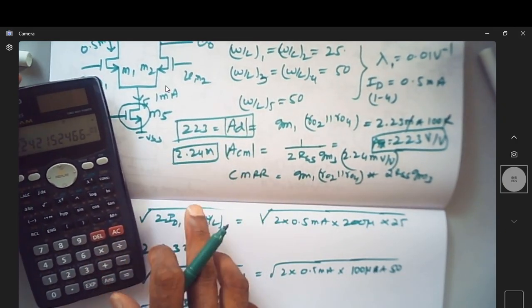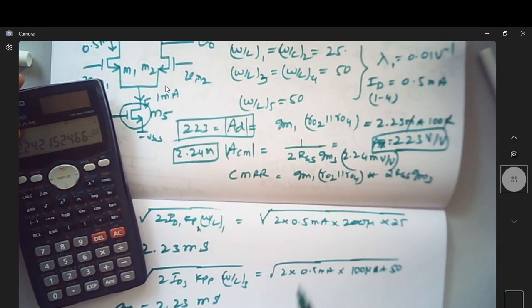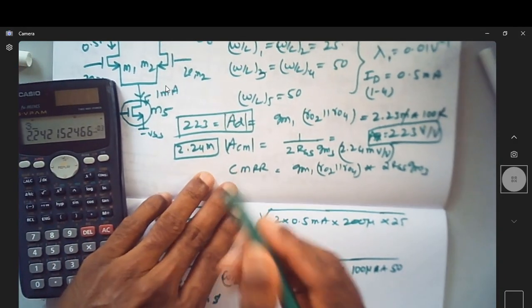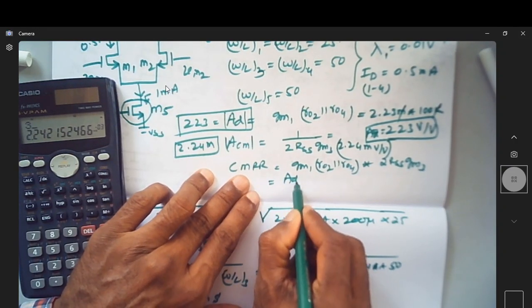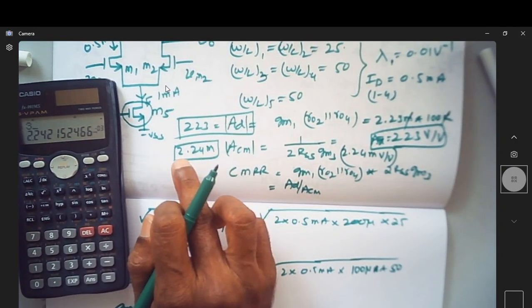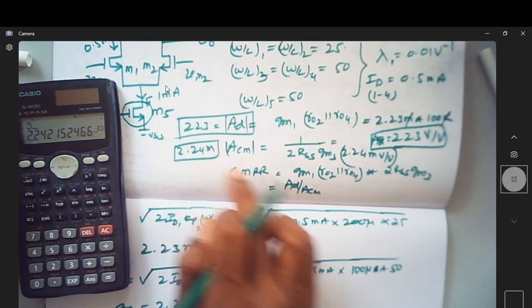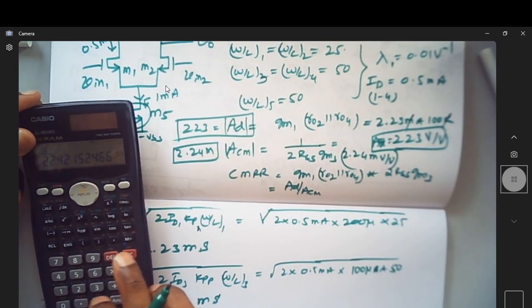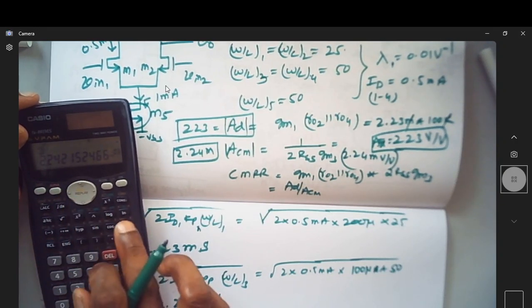Of course, what we have to do is to find what is CMRR, as we know that CMRR is nothing but AD by ACM. So AD by ACM. If you do 223 divided by 2.24 milli, you'll get the CMRR, or if you multiply this, you'll get the same value. So what I'll do is, I'll just do this.